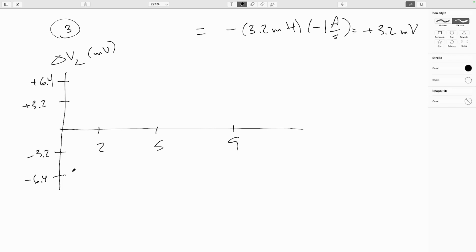And so then my graph is just going to look something like this. Now, in the real world, you're not going to have these jump discontinuities. In the real world, this will curve a little bit. It's sort of a sigmoid shape, it gets called, but we can idealize here.